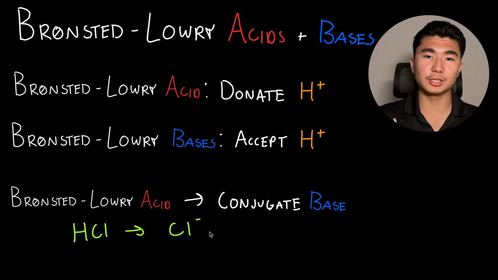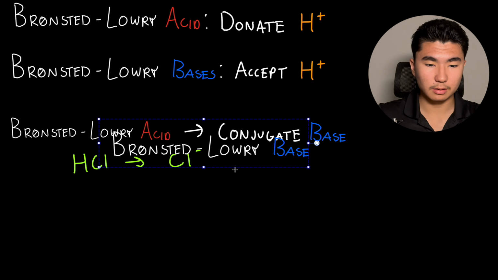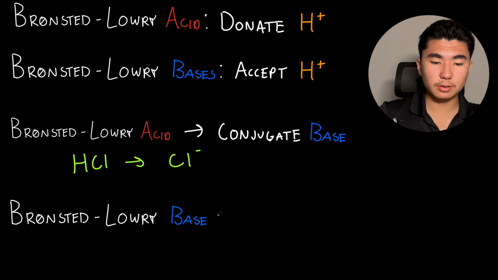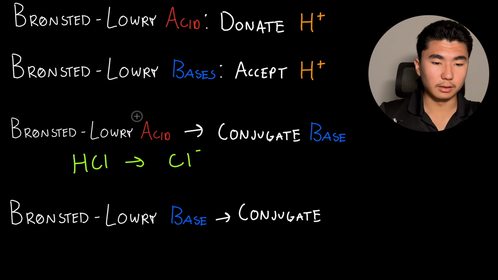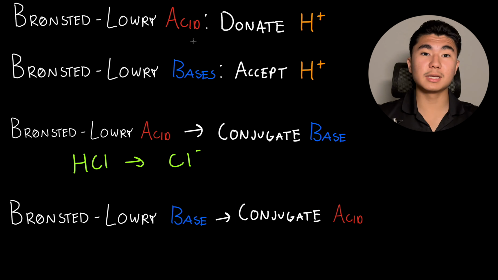Now, what about our Bronsted Lowry base? Well, that's going to have a conjugate acid. So our Bronsted Lowry base will turn into a conjugate acid. What's an example of this?